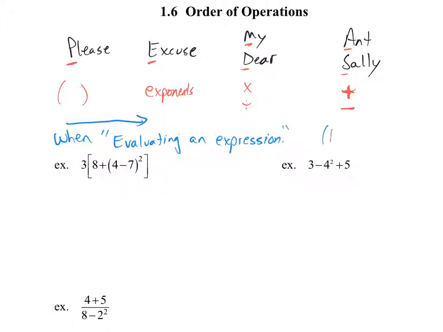Or that's basically if you're trying to get a number answer. If they give you a problem and they say, what number does this equal? You're trying to take this big, exciting, awesome-looking mess of numbers here and say, well, that equals this number. You always start with parentheses, then do exponents next, and so on and so forth.